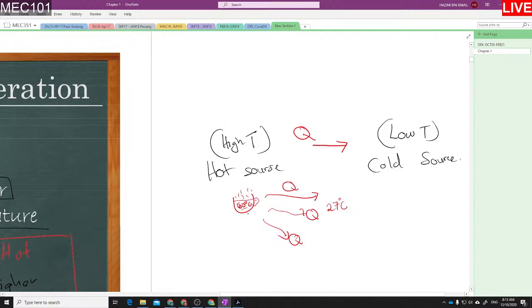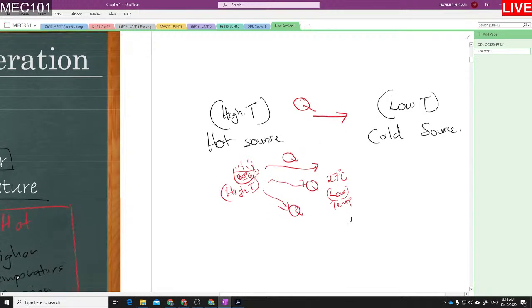One is the high temperature region and the surrounding is the low temperature region. So by the natural process, heat transfer will go from high temperature to low temperature.